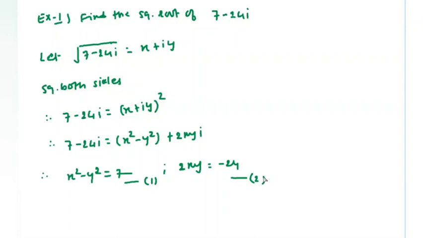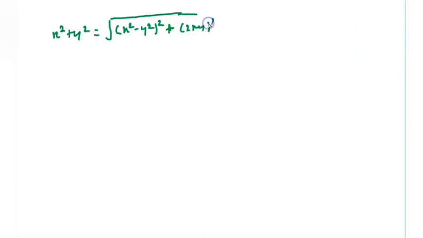Now we will find x square plus y square. We have x square plus y square is equal to the square root of (x square minus y square) whole square plus (2xy) whole square.